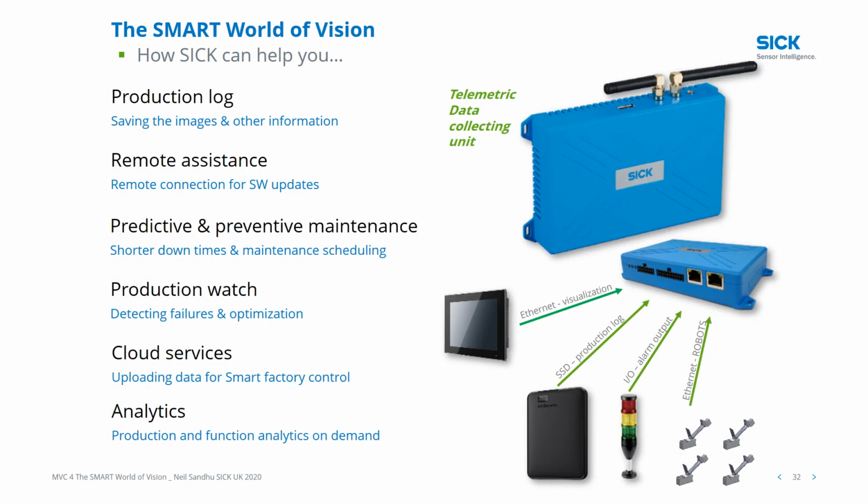So, just to reiterate, the telemetric data collecting unit that we've just been talking about can be linked to the robots and the vision system to provide IOs and alarms, to monitor over tablets or PCs, and you can see what you can get out of it in terms of saving image data for production, logging, and remote access for assistance to see what's going on, even to update firmware or software onto devices.